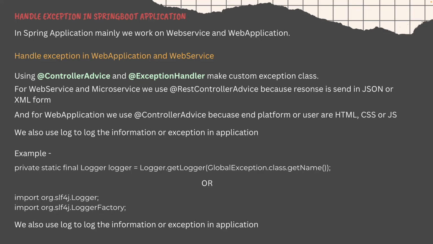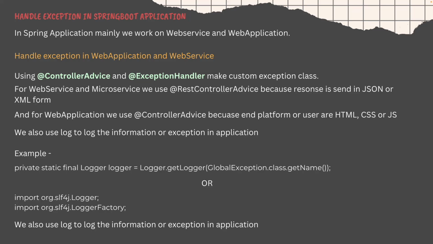So yeah, basically in Spring Boot we make applications related to web services and web applications, and after that we also become familiar with microservices. For microservices we use a different annotation.